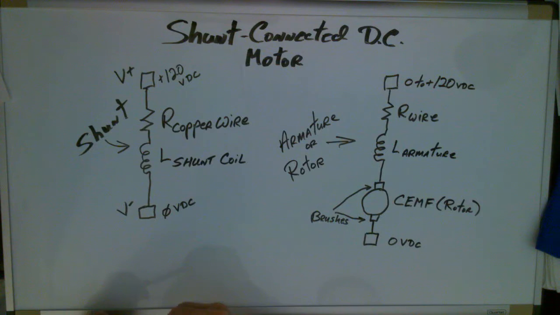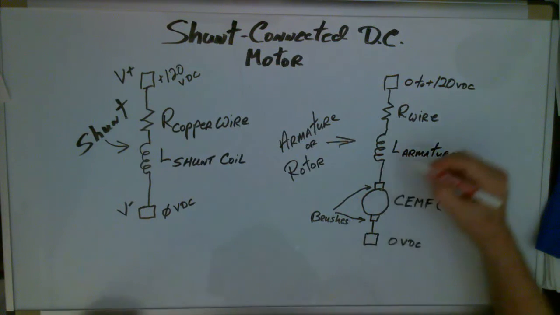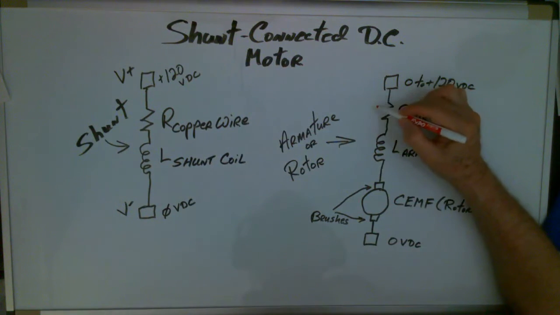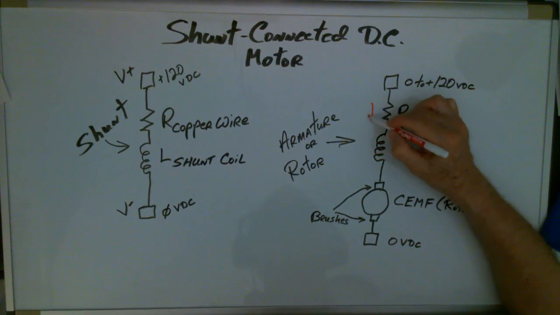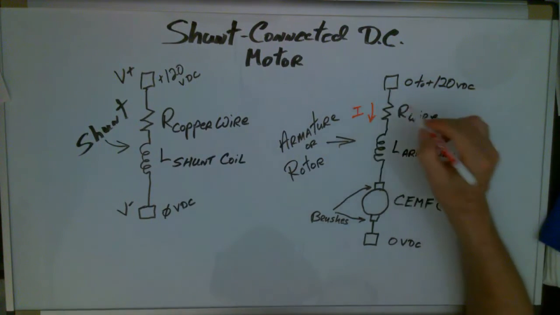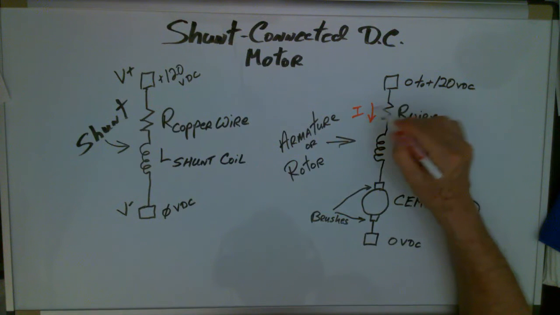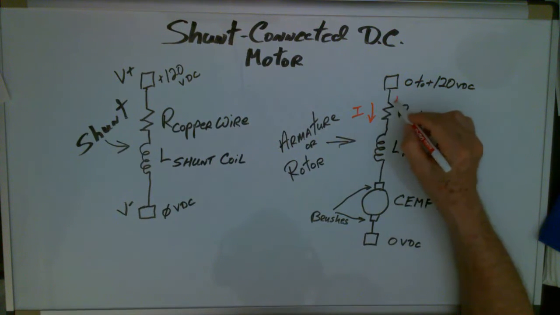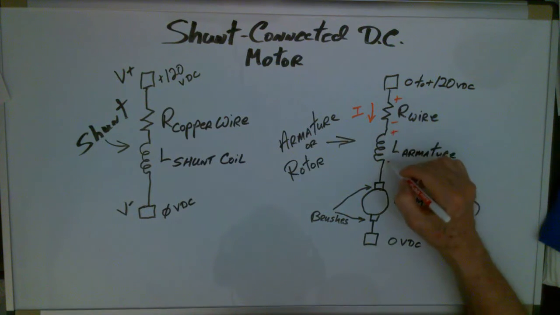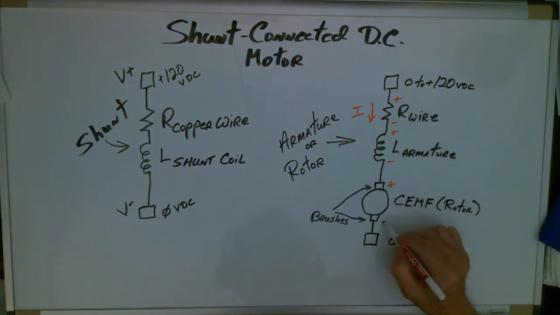Let me get a different color here. How about a nice red? Okay, we'll have it coming this way. Okay, I. And to hold this convention, the polarity of the voltage drop has to be positive, negative, positive, negative, positive, negative.